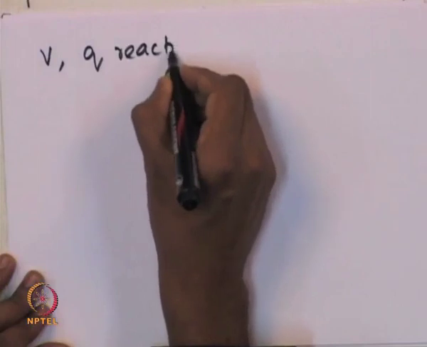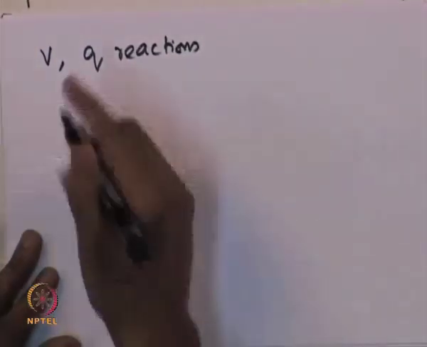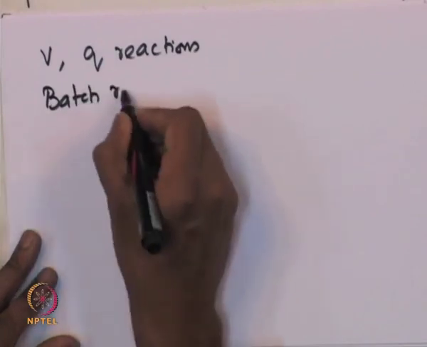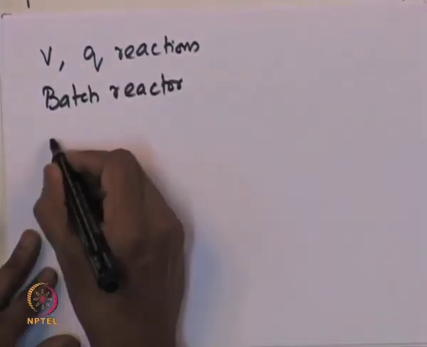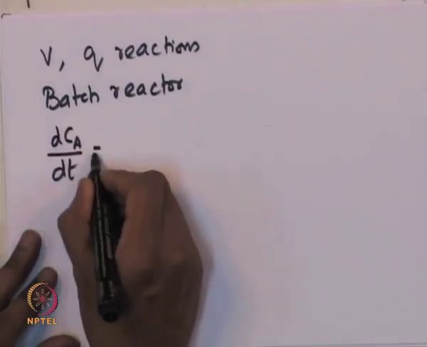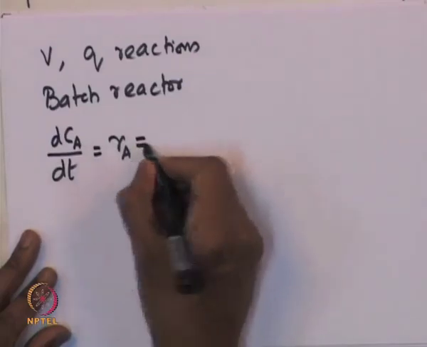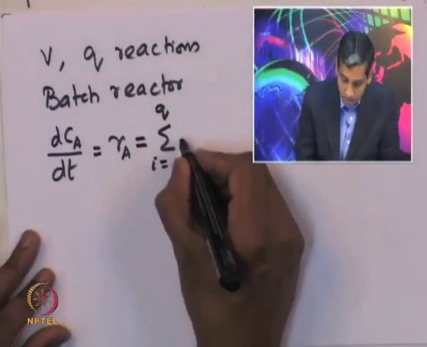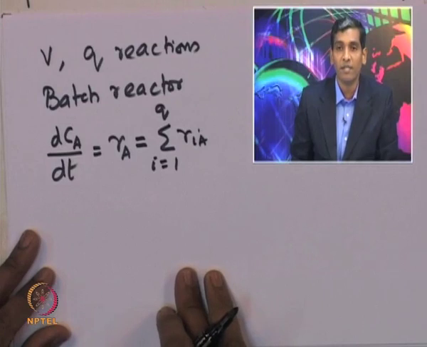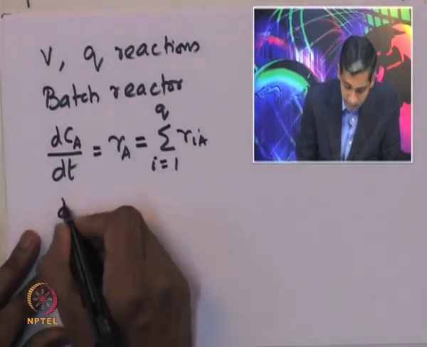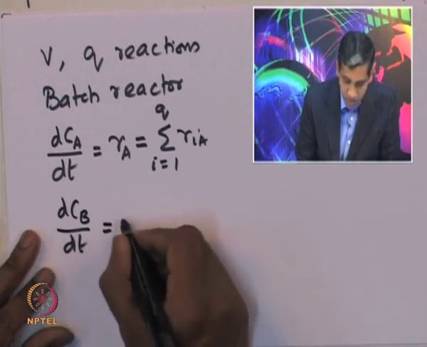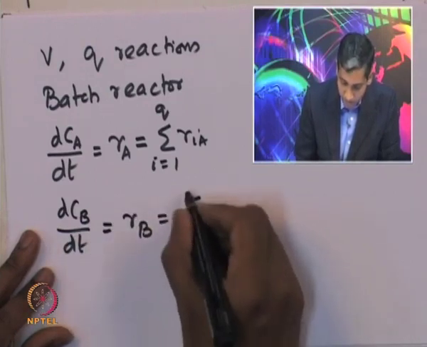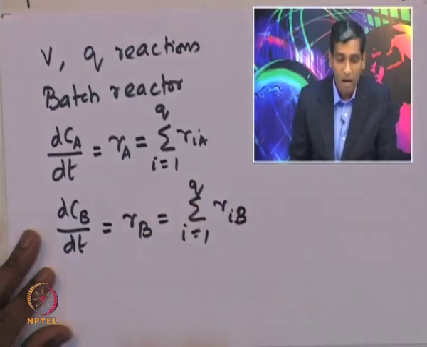If the reactor volume is V and q reactions are occurring simultaneously, then for the batch reactor we can write the performance equation as dCA/dt equals the rate of generation Ra, which is the sum over all q reactions of the rates of the individual reactions leading to the formation of species A. Similarly, for species B, dCB/dt equals Rb, which is the sum from 1 to q of Rib.